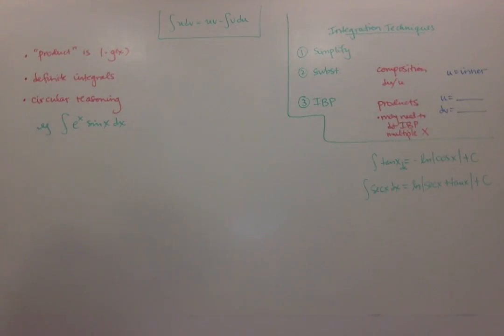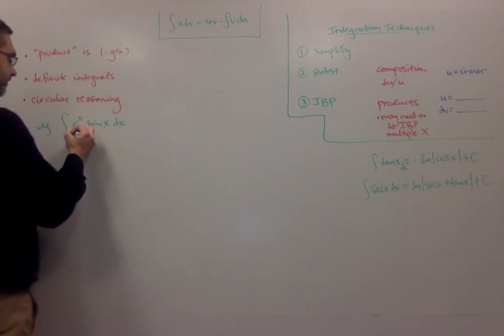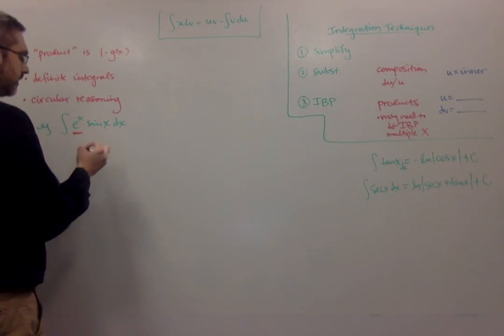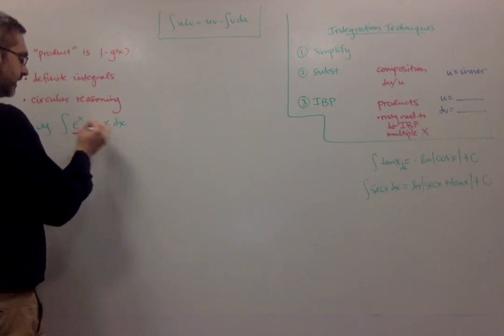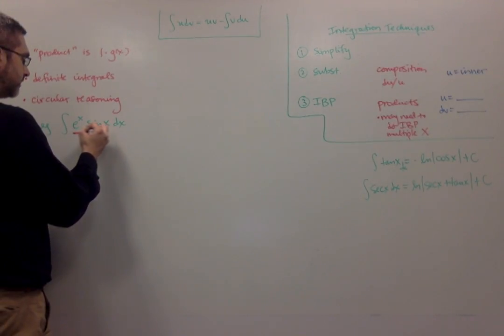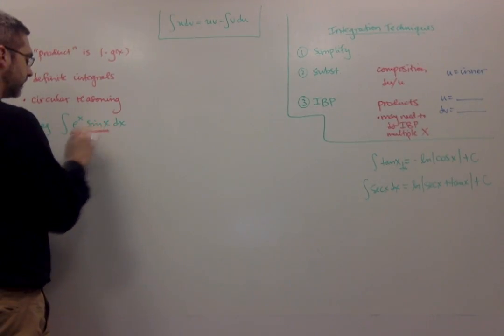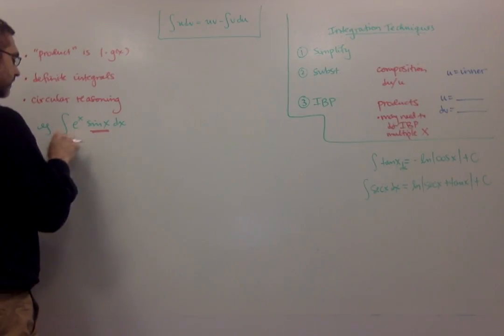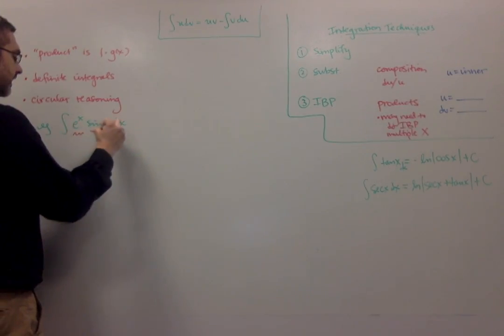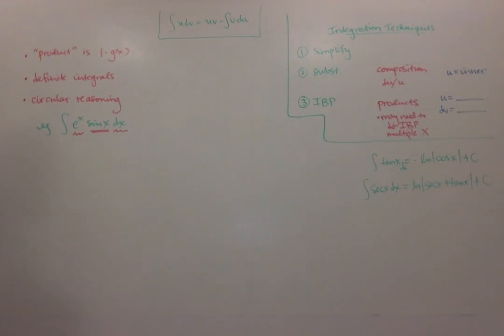So I'm just gonna pick e to the x. It turns out it doesn't matter which one you pick to be the u and which one you pick to be the v. I like anti-differentiating e to the x. It's really easy. The antiderivative is just e to the x.